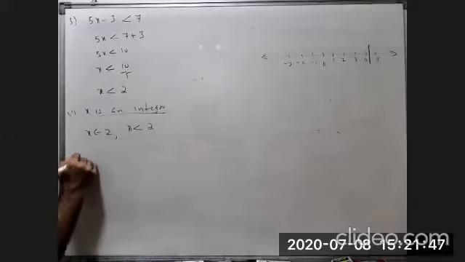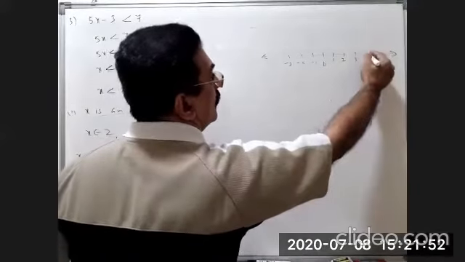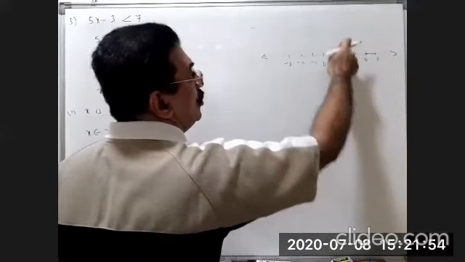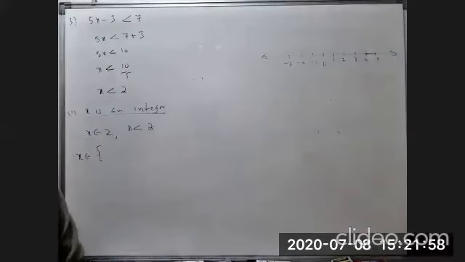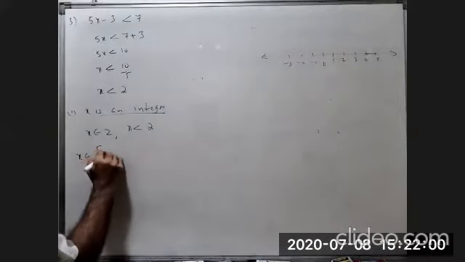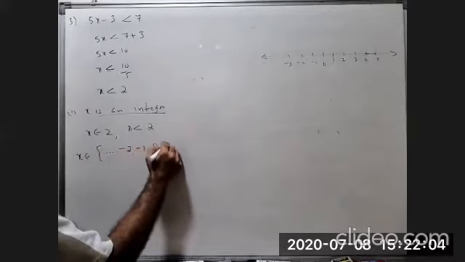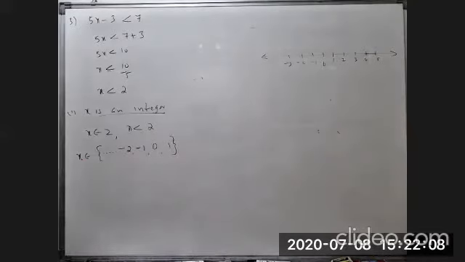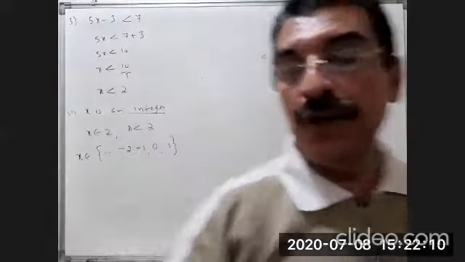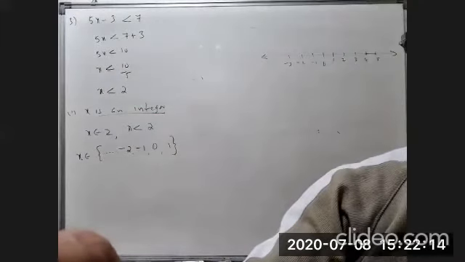Starting from less than 2, 2 is here. Less than 2, so 2 is not included. So start from minus infinity, minus 2, minus 1, 0, up to 1 only. 2 is not included because it is less than 2.